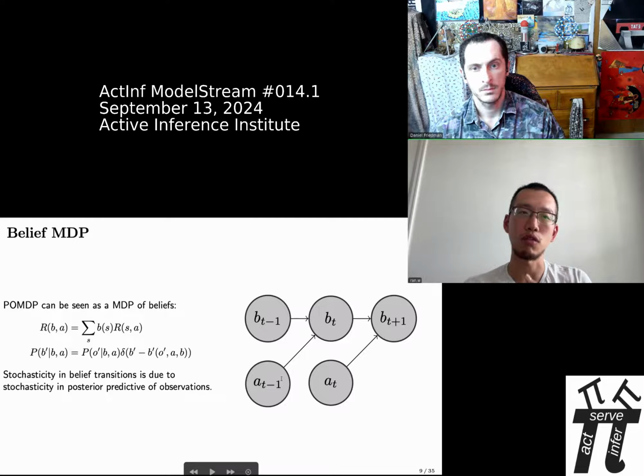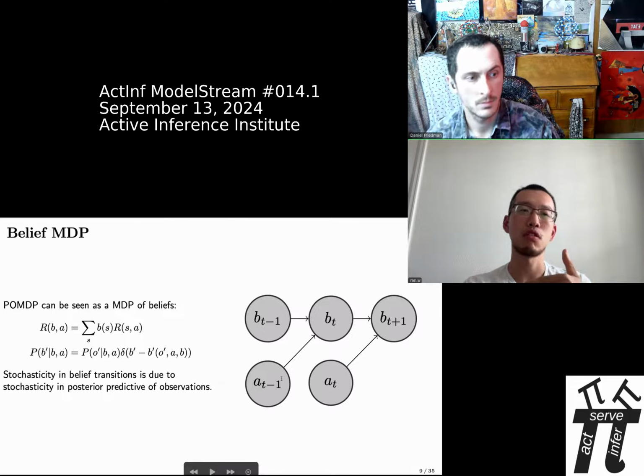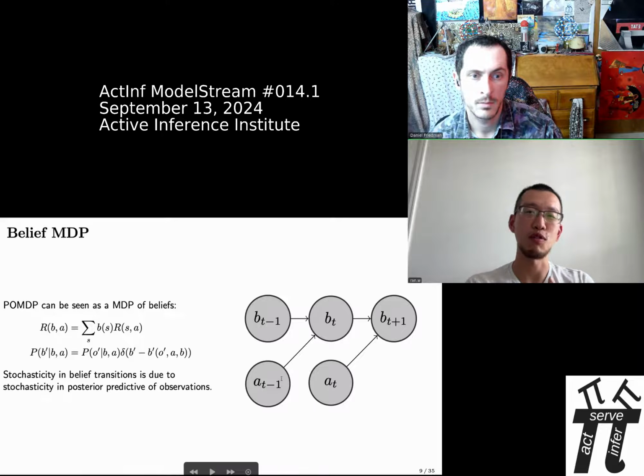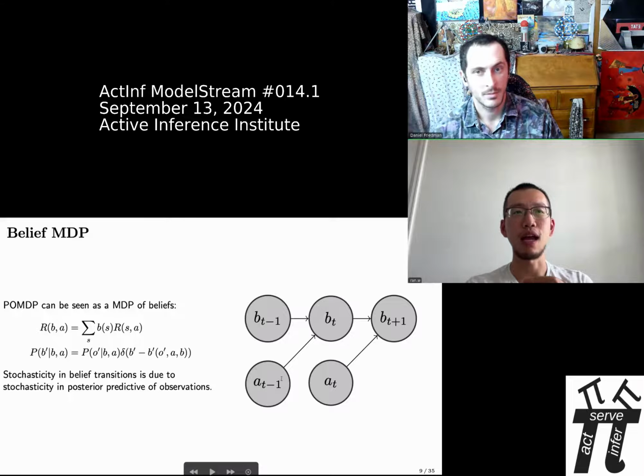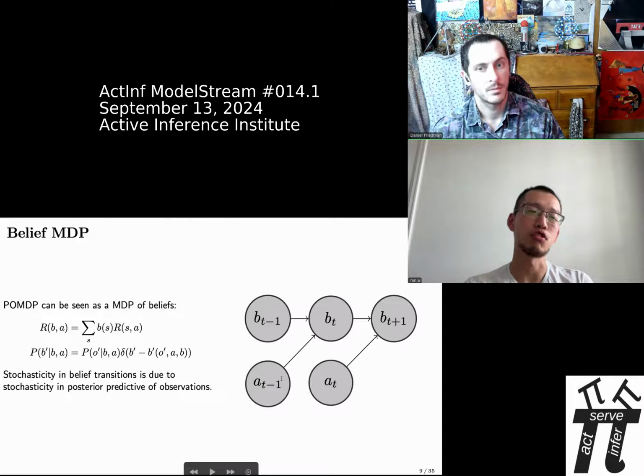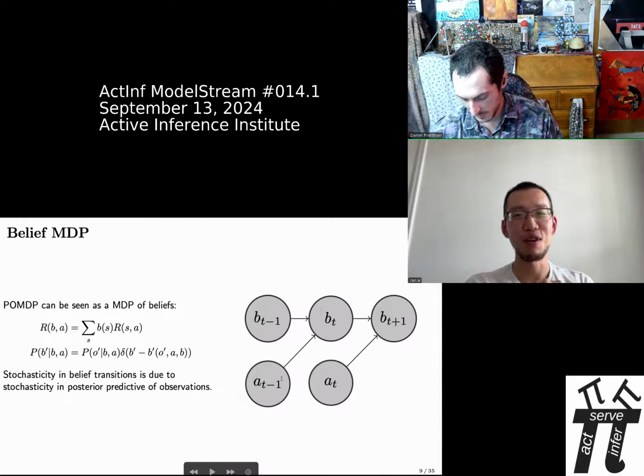I've tried to do some work, but I haven't found a way in which the hierarchy doesn't collapse. Usually what I found is hierarchies tend to collapse, and anything that you can portray as hierarchical can also be represented in a flat way. So I would again encourage people to do more work in that direction.